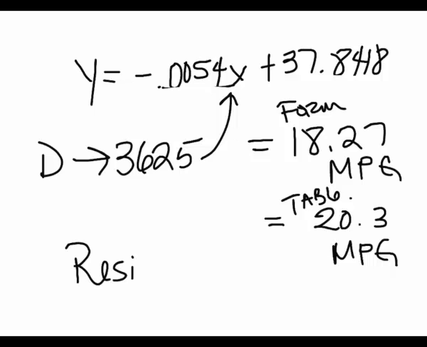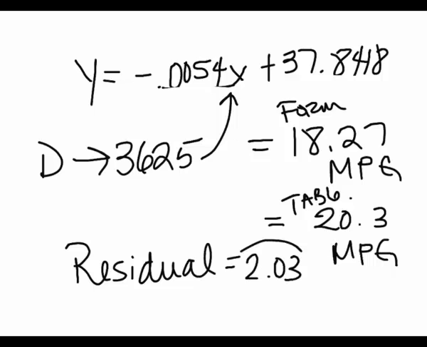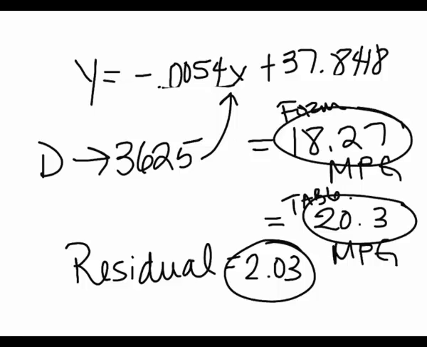It's the distance between the actual point and where it is on the line. Now I'm asking, is the value above or below the average? Okay, well, the actual point is 20.3 when it's supposed to be at 18.27 based off the data, then it's 2.03 above average.